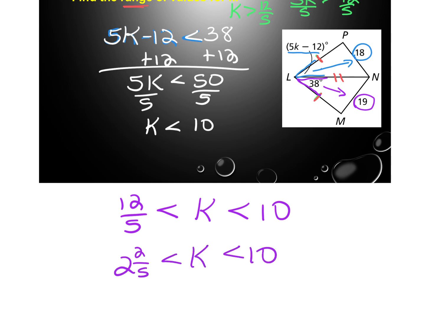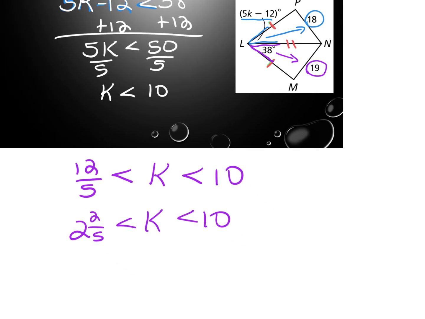So again, if you think about it, the measurement for that angle, not necessarily K, but the angle measure, is going to be something that's in between 0 and 38. So let me write it like this.